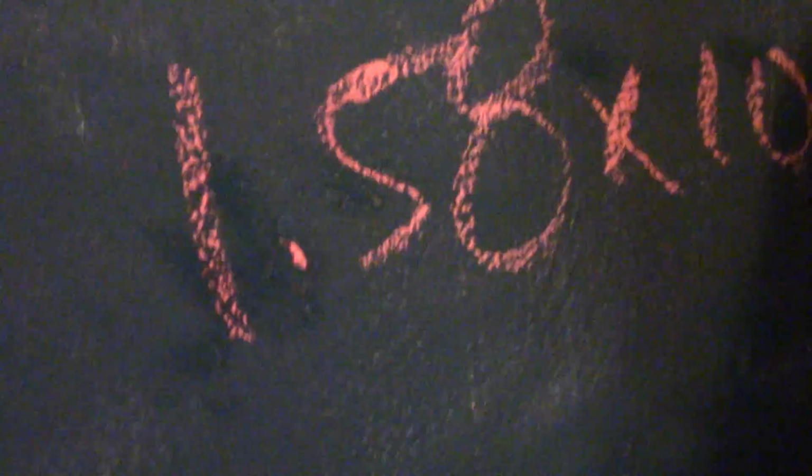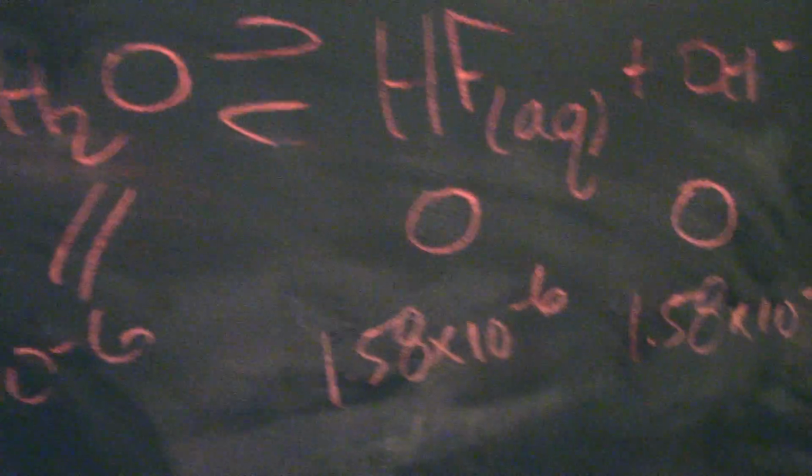So this will be 1.58 times 10 to the -6, and this will be minus 1.58 times 10 to the -6.